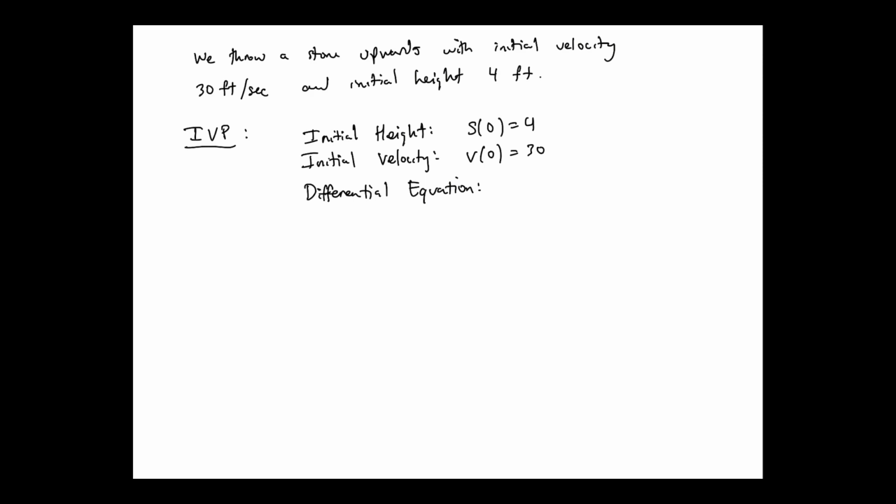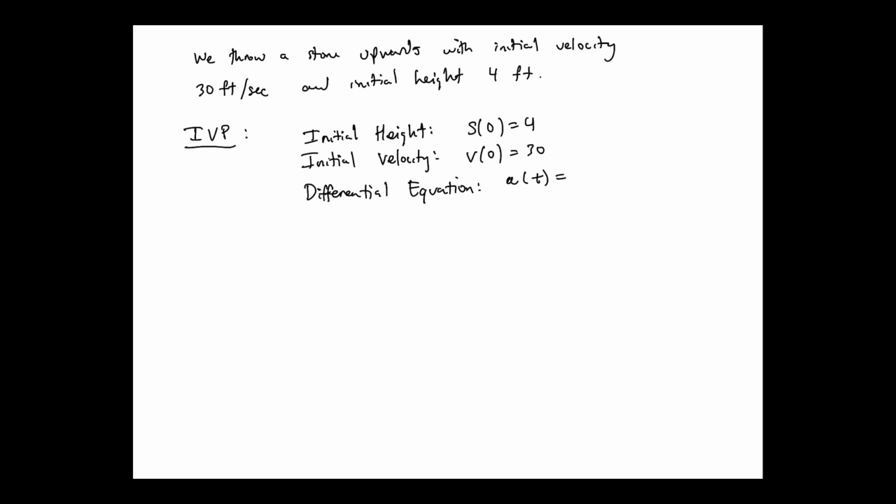But the differential equation in control here is, once the thing leaves my hand, what is true? What forces are acting on it? Only gravity. Now, do we know the mass of the object? No. So we don't know what the forces are, but we do know what the acceleration is. What is the acceleration due to gravity?